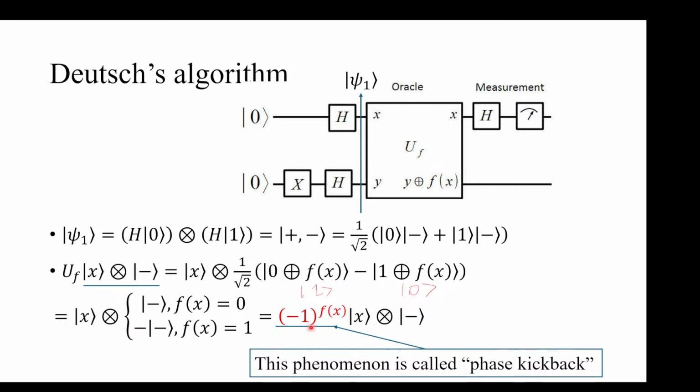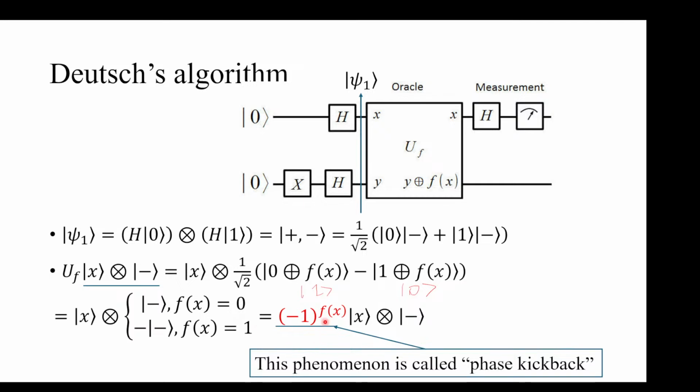Anyway, you have this phase factor here, minus 1 to the f of x, and I'll just check again that it is indeed consistent with the two cases here. So when f of x equals 0, this is minus 1 to the 0, that's just 1, and when f of x equals 1, this is minus 1 to the 1, and this is minus 1.